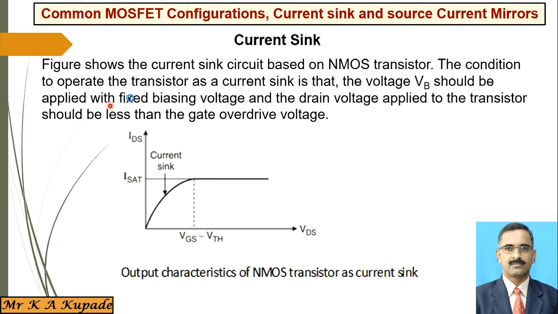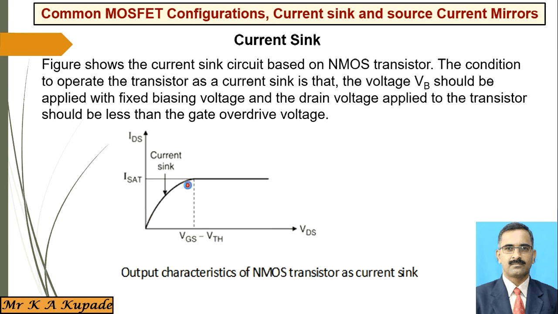For this condition, VDS should be less than the gate overdrive voltage. Remember that. Don't be confused. VB is considered for the sake of understanding, so that VDS should be lesser. Okay, lesser. That you have to remember.